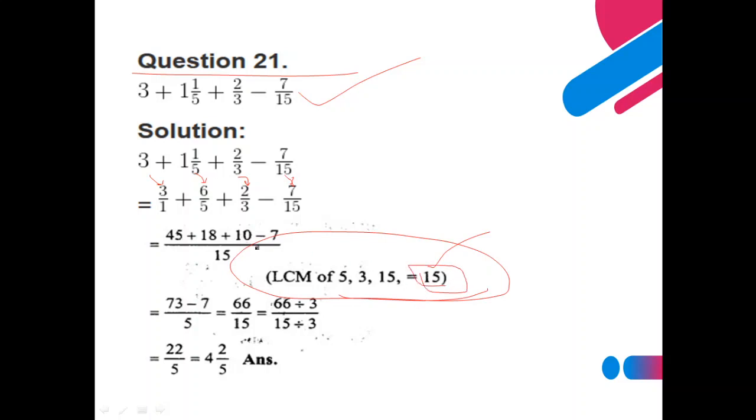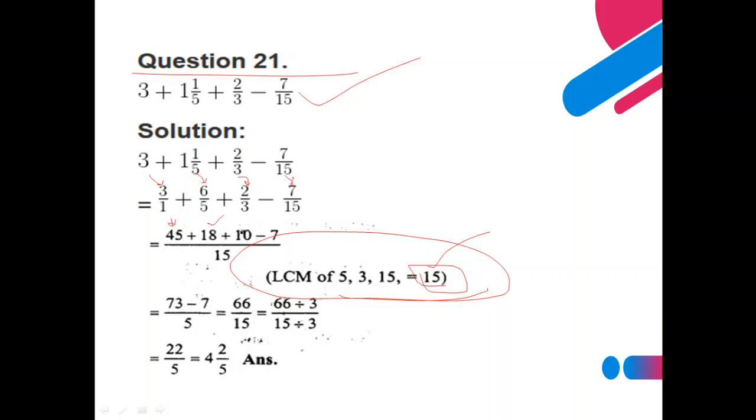And then after, 1 will divide into 15, so 15 is the answer, and then 15 will multiply by 3. So 15 threes are 45. Same here, 5 will divide into 15, 3 times, and 3 will multiply 6, 6 threes are 18.